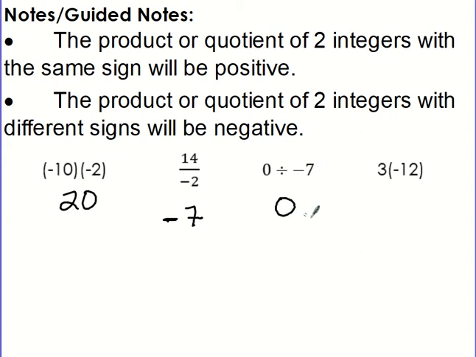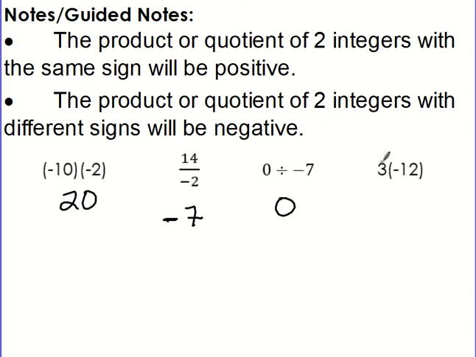It's actually 0. 0 divided by anything is 0, just like 0 times anything is 0. That's because if I have 0 things and I'm dividing them into groups, 7 groups, 5 groups, 4 groups, I have nothing in the groups. And we don't put negative because 0 doesn't have a negative or a positive.